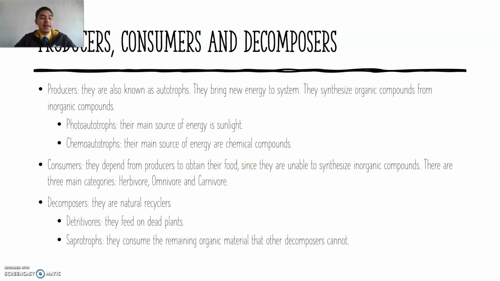And they are both divided in the detritivores and saprophytes. We have to double check on the pronunciation of that word as well. So the detritivores, they feed on dead plants. And saprophytes, they consume the remaining organic material that other decomposers cannot.